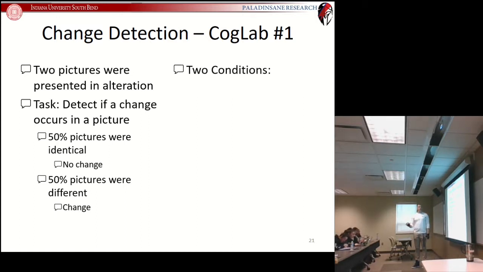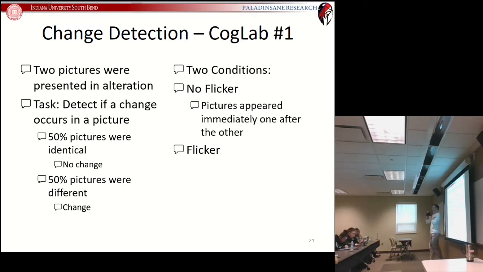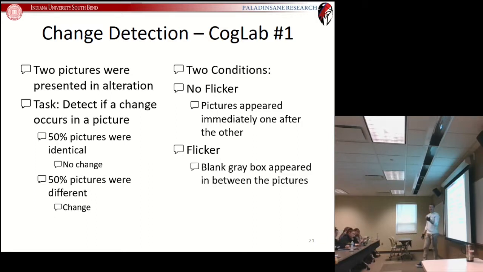There were two conditions: a no flicker condition and what's known as a flicker condition. In the no flicker condition, the pictures appeared immediately after one another. So you had picture number one, picture number two, picture number one, picture number two. In the flicker condition, however, blank gray boxes appeared between the pictures.